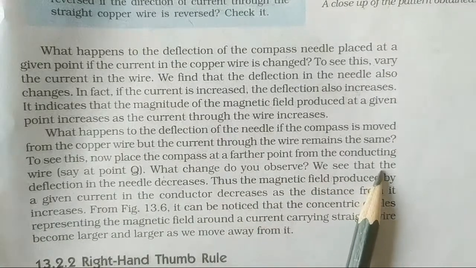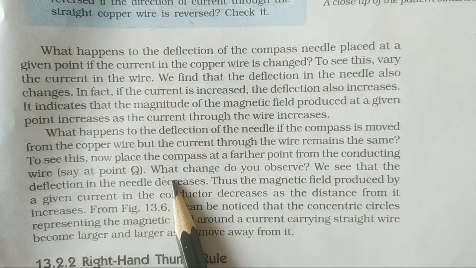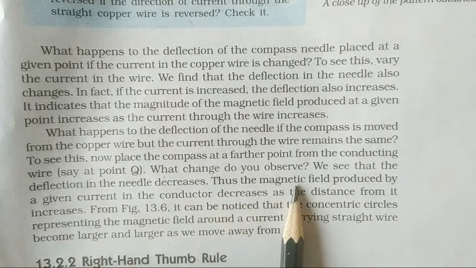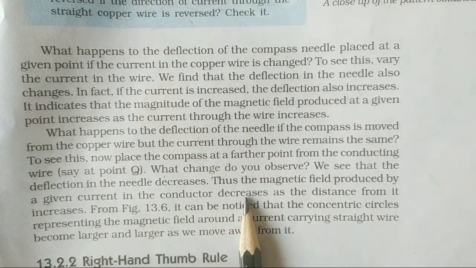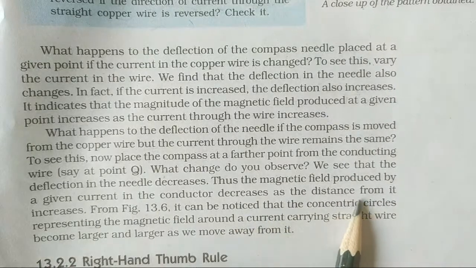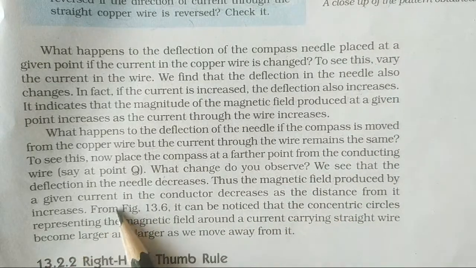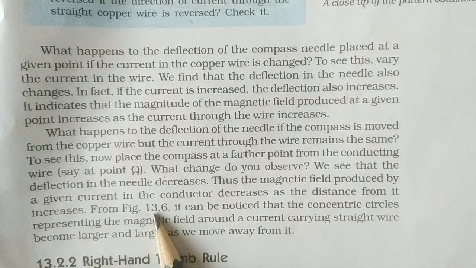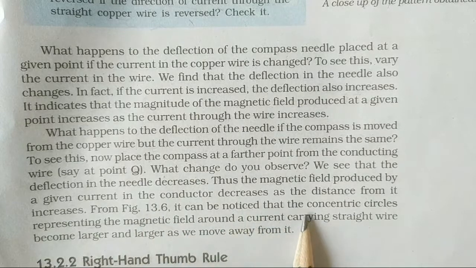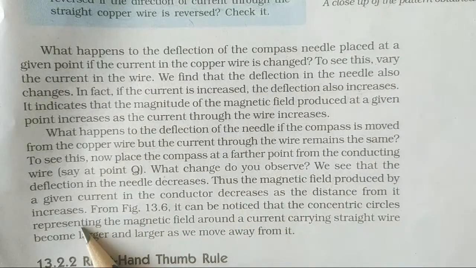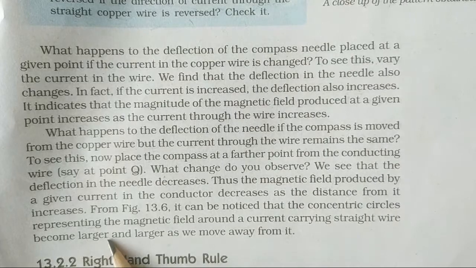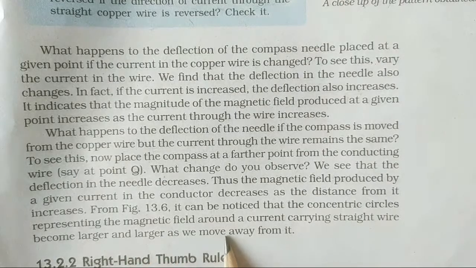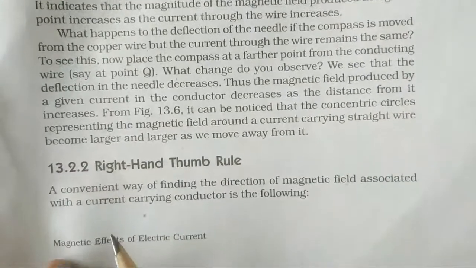We see that the deflection in the needle decreases. Thus, the magnetic field produced by the given current in the conductor decreases as the distance from it increases. From figure 13.6, it can be noticed that the concentric circles representing the magnetic field around a current carrying straight wire become larger and larger as we move away from it.